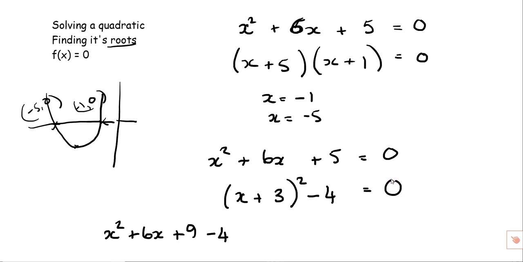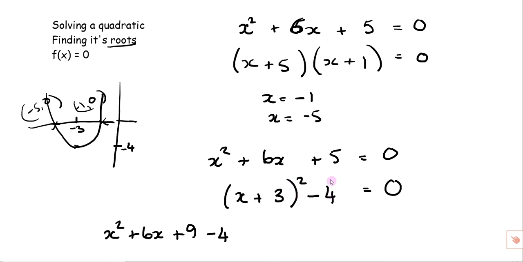Okay? So this is the interesting part. First of all, what is the vertex now of that curve? -2, -4. It would be -3, -4, yeah? Remember we said that? It's the opposite of what's in the bracket.